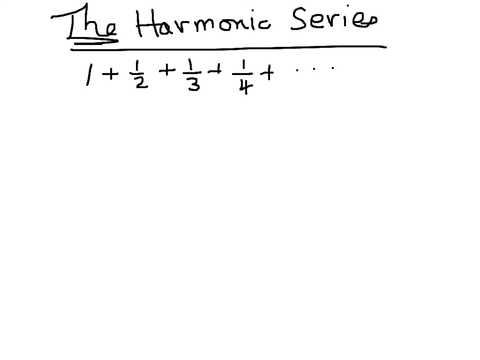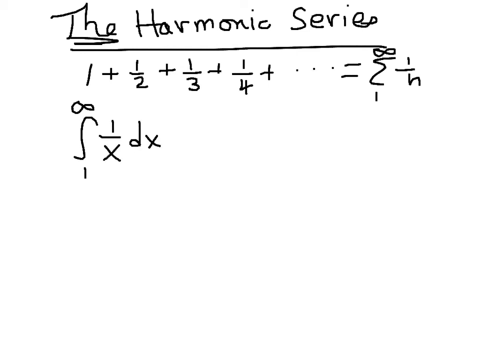So what we do to examine this harmonic series, which we can write as that, is simply look at the related improper integral. And we'll skip a bunch of steps.